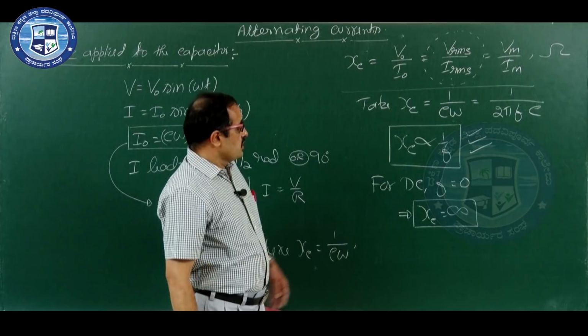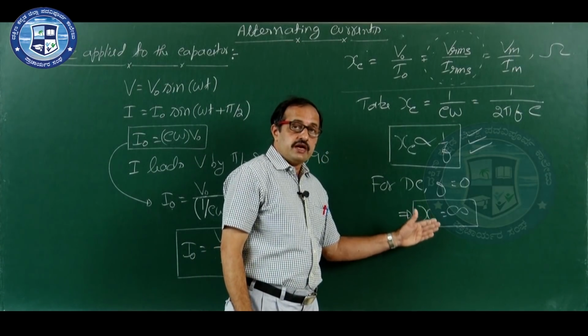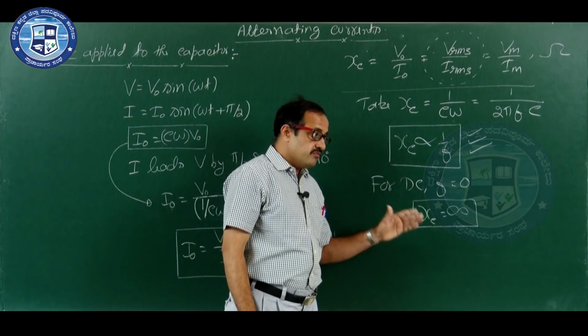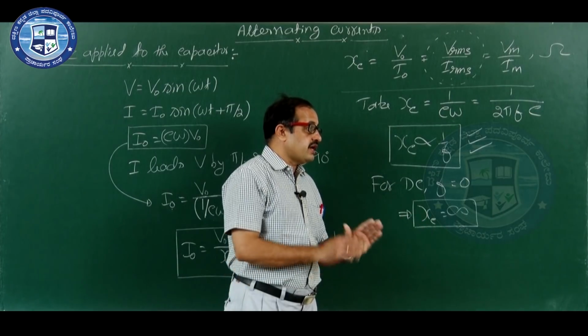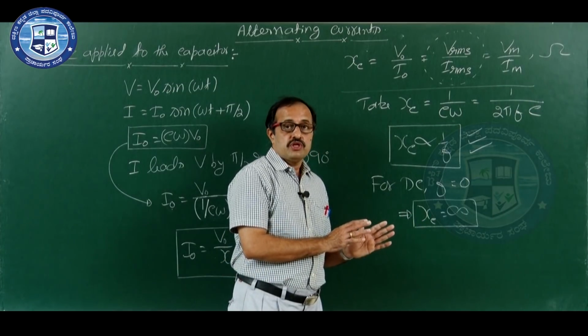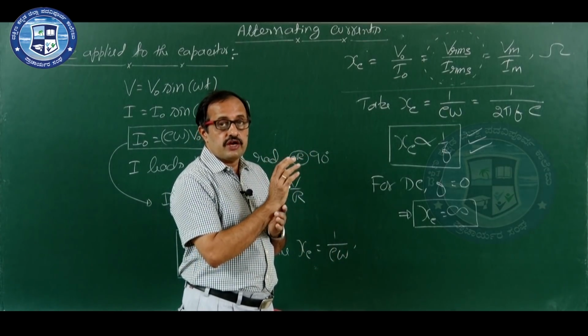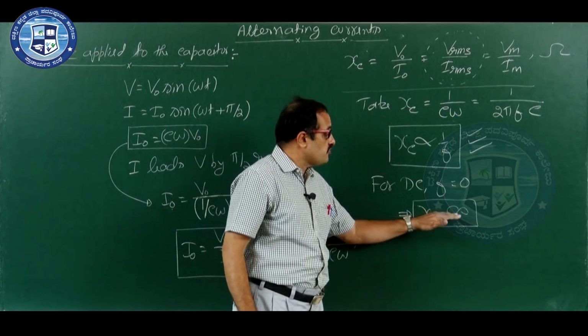Therefore, capacitor always offers infinite reactance or opposition for the flow of DC, means it has a lot of opposition, it never allows DC. Therefore, capacitor never allows DC current to flow through it. Got it? It blocks DC.